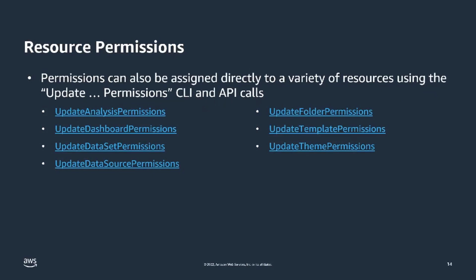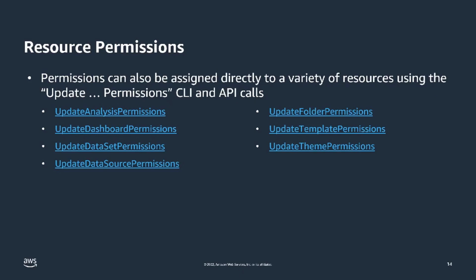So there are a set of CLI and API calls. So again, we'll be bringing this to life by using the CLI here. But there are a number of different calls that you can apply. So you can update the analyses, dashboards, datasets, data source, folder, template, and theme permissions using these calls.